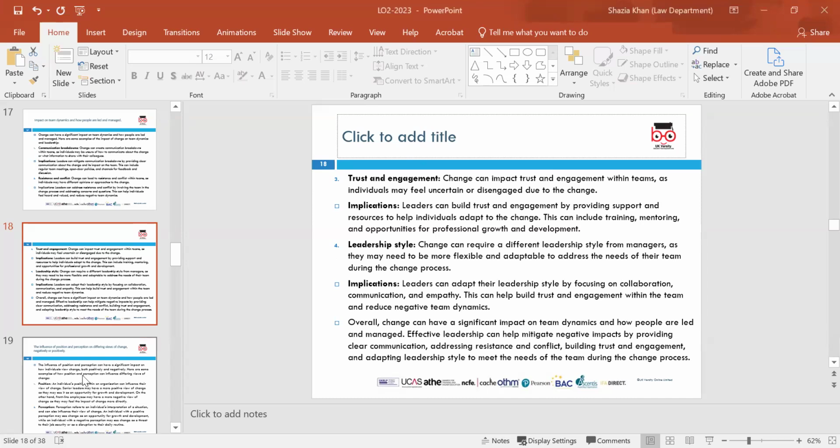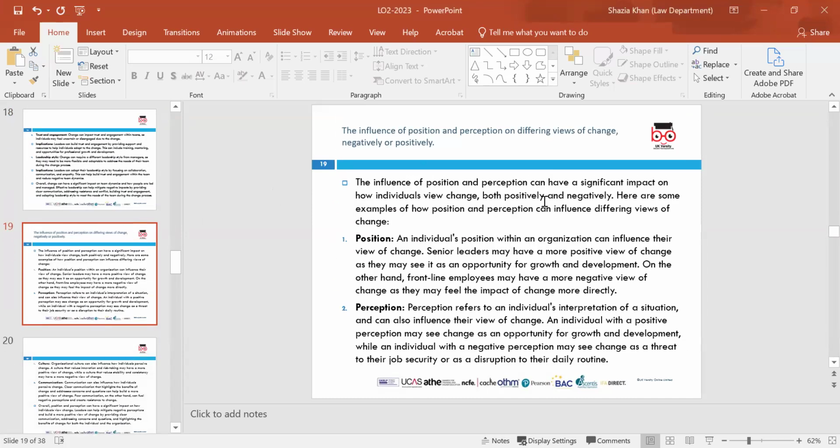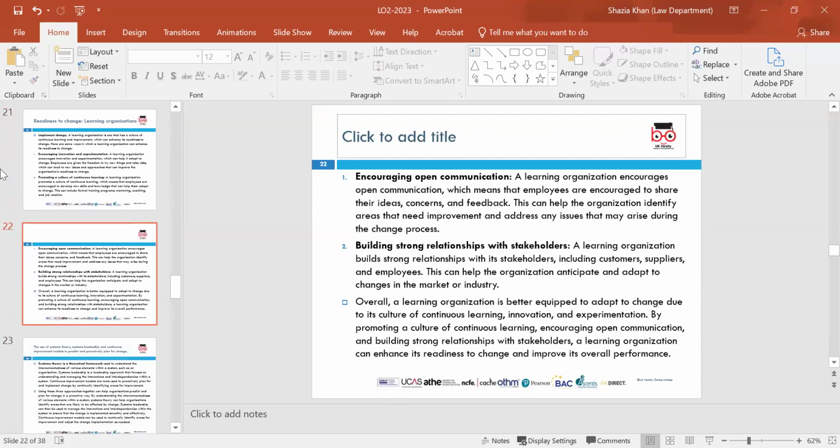The influence of position and perception on different views of change, negativity or positivity. Depending on the position held by the individual, change can be perceived as positive or negative.